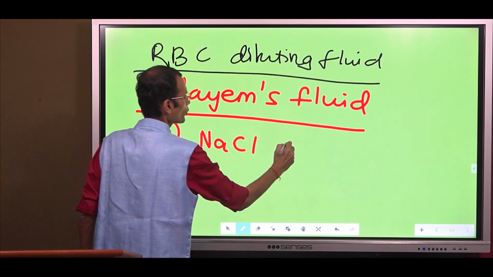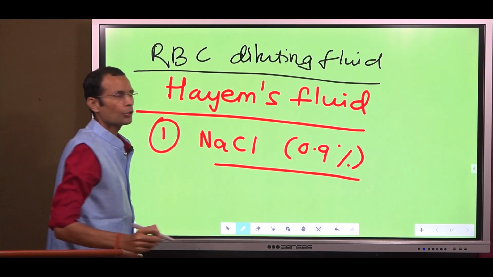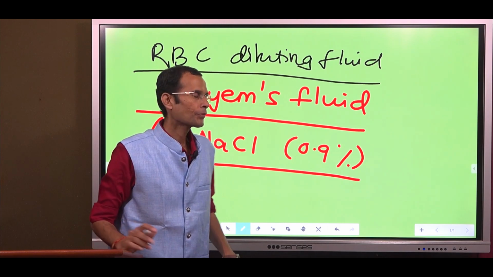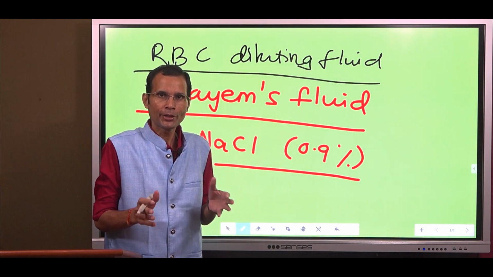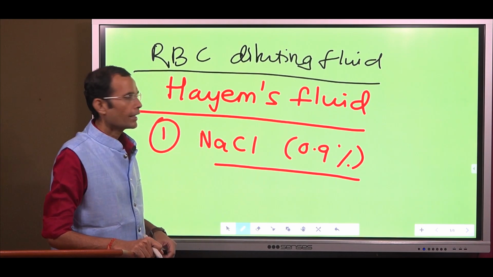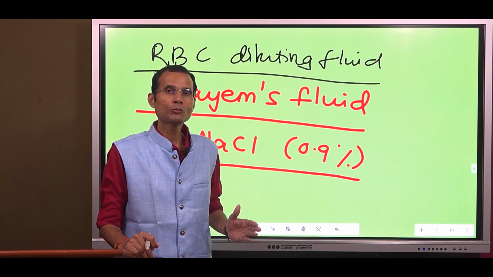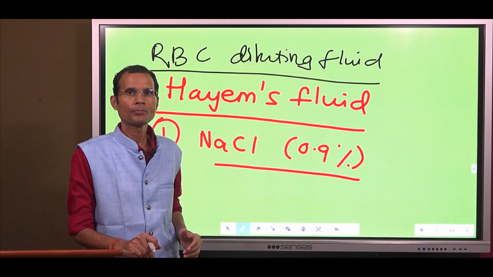NaCl, sodium chloride, 0.9%. We are talking about the RBCs, and therefore the fluid that surrounds the RBCs, our diluting fluid, has to be isotonic. Isotonic to what? Isotonic to the fluid inside the RBCs.